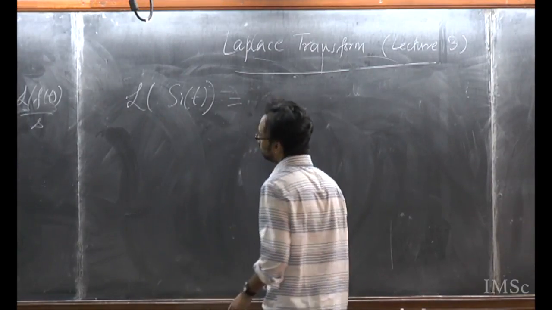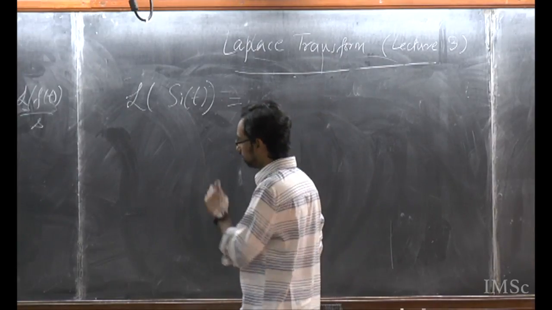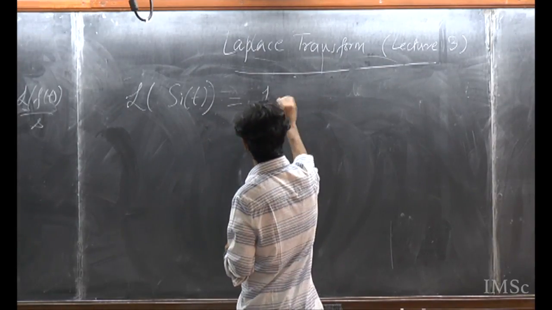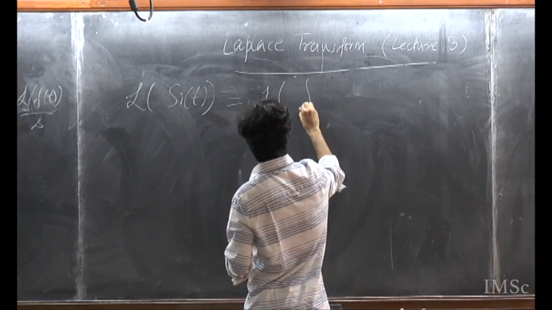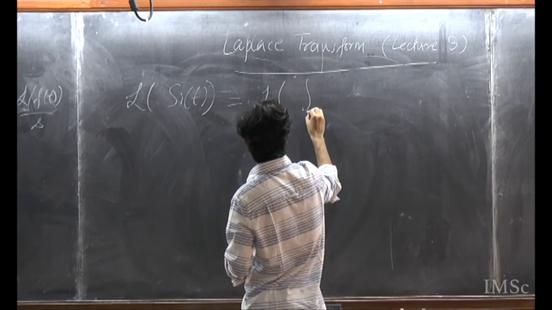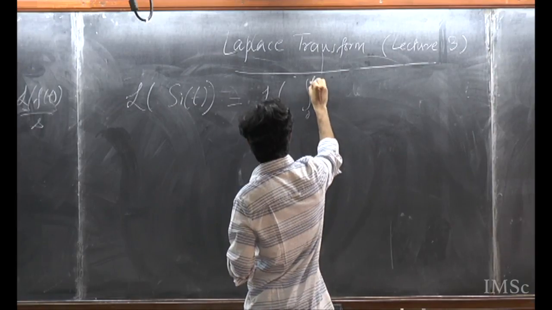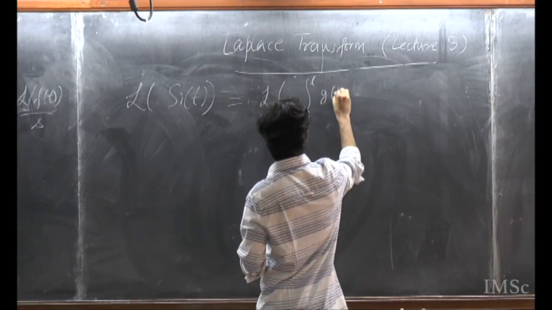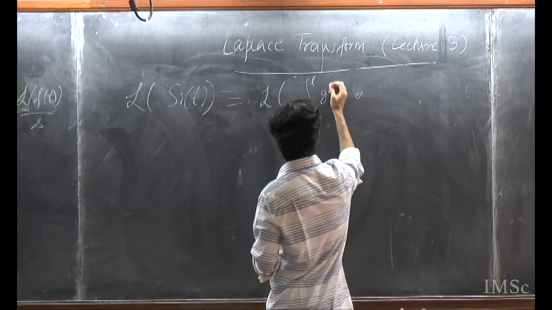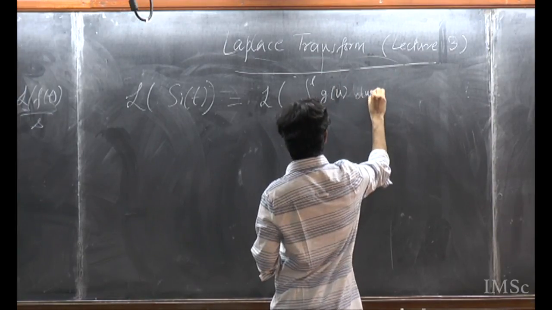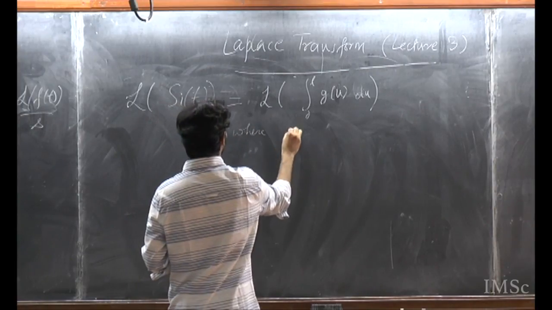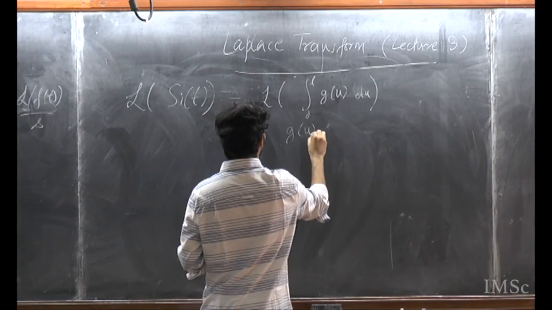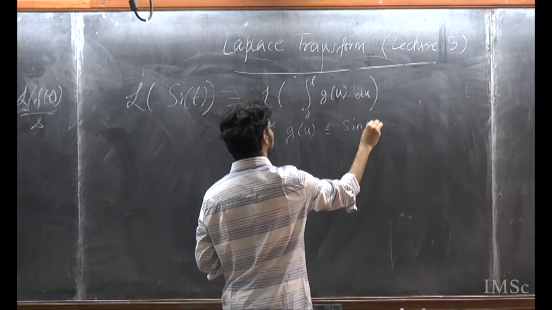So this is the Laplace transform of the integral from 0 to t. Let's call it g(t). g(u) du, where g(u) is sine u over u.